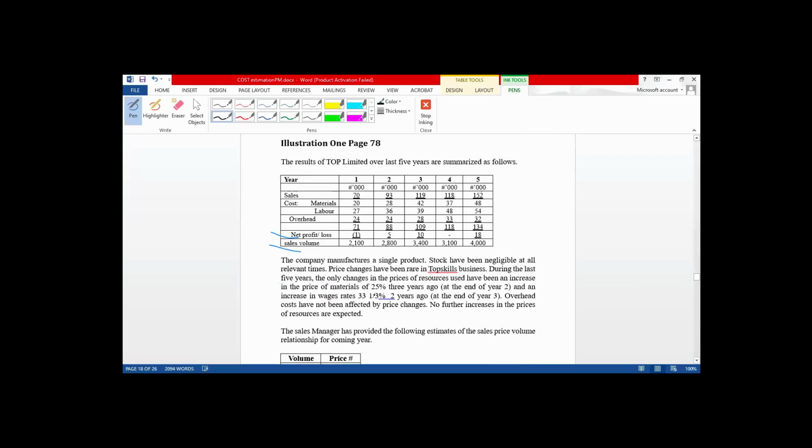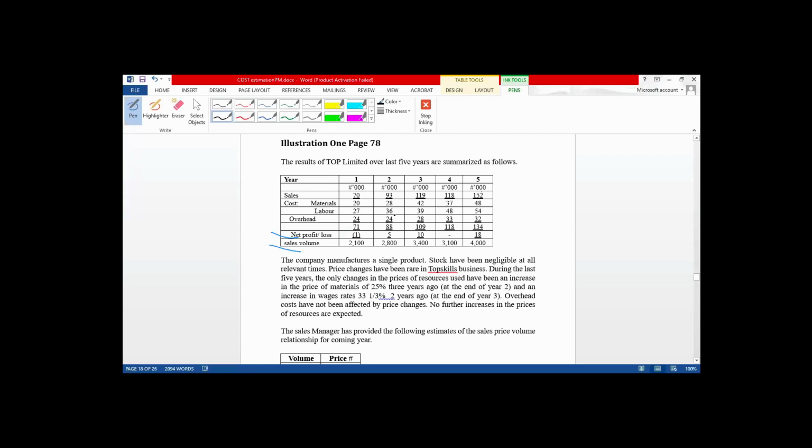Please look at that clause. An increase in the price of material, 25% 3 years ago. That means the increment stopped 3 years ago at the end of year 2. That means material price will increase in year 1 and in year 2.